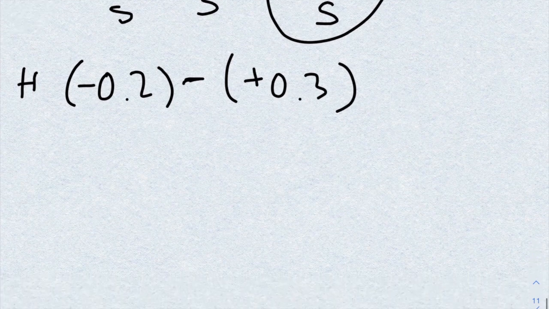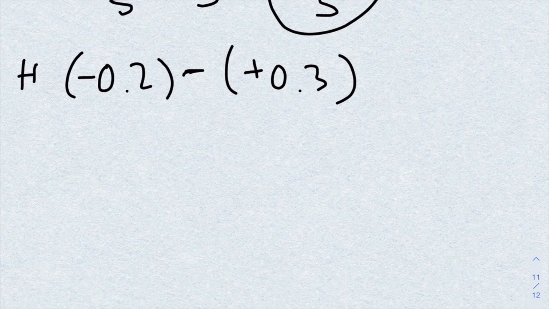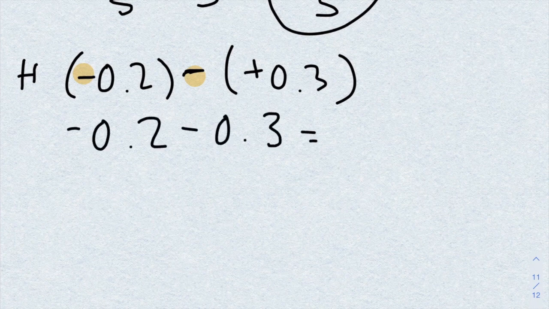Great. And my last one. I have minus 0.2 minus positive 0.3. So it's like minus 0.2 minus 0.3, and that's going to give me negative 0.5.